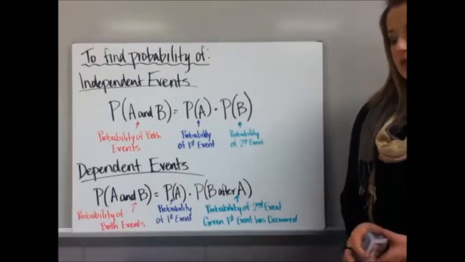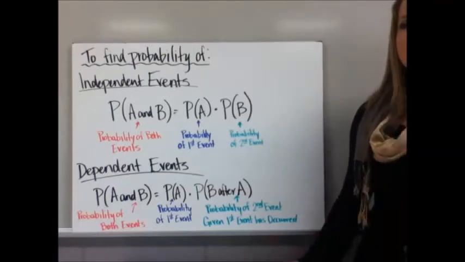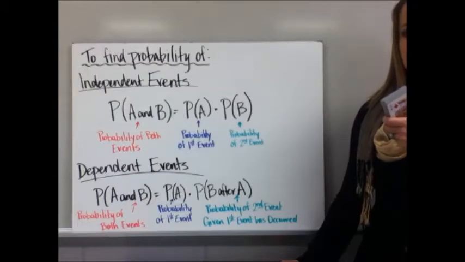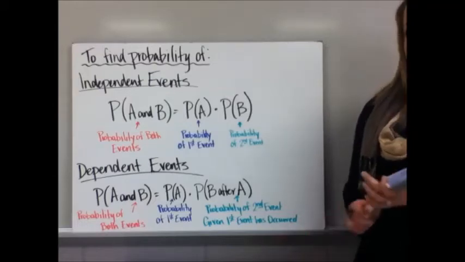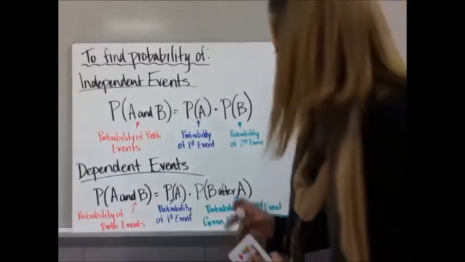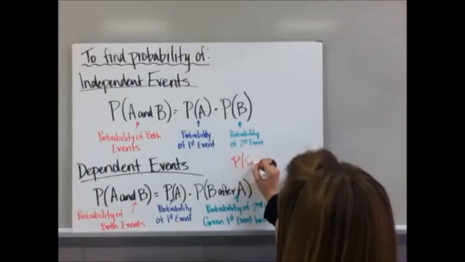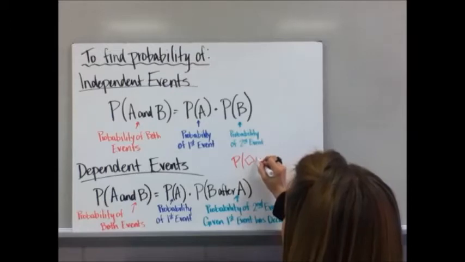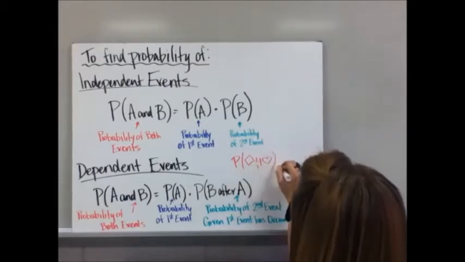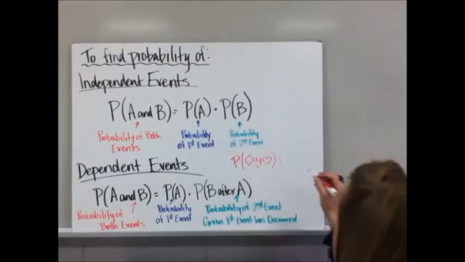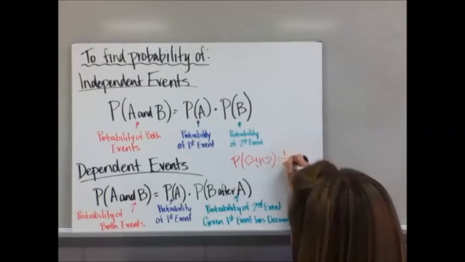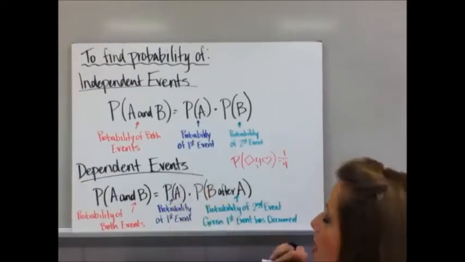So if we want to draw a diamond and then a 4 of hearts, the probability of a diamond is 1 out of 4 because there are 4 suits, 1 out of every 4 in here.